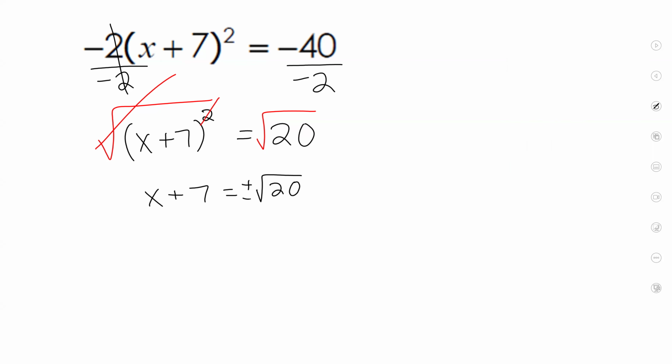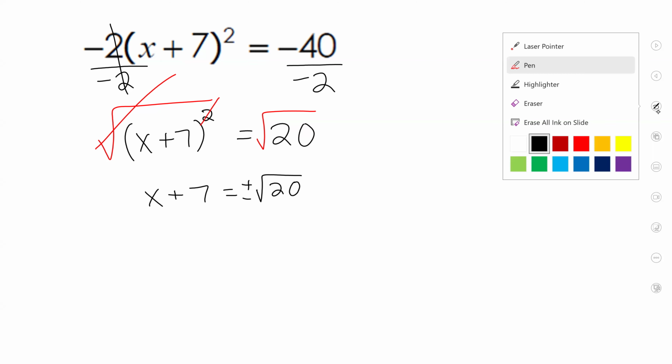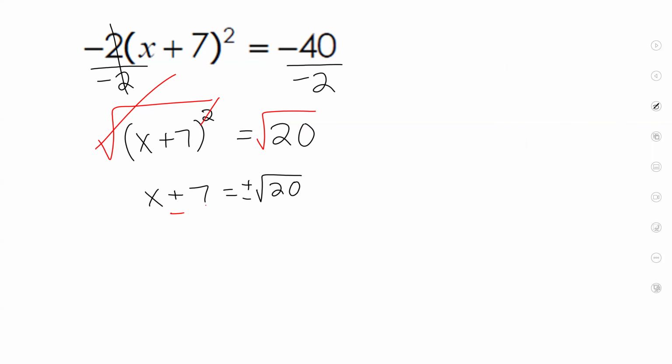Now what do I do? I want x by itself. Yep, we're going to subtract 7. So subtract 7, subtract 7. So guys, this is my answer. x equals plus or minus the square root of 20, and then a -7.